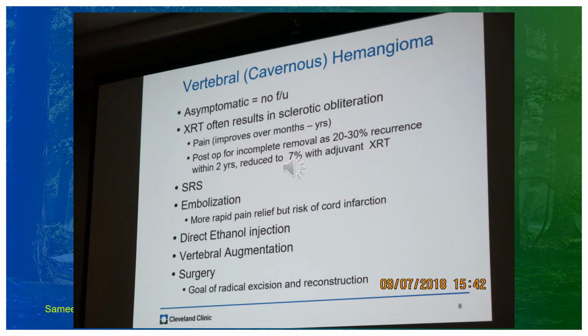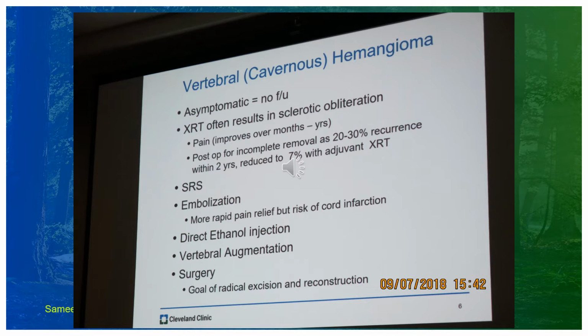A patient with vertebral hemangioma, if he is asymptomatic, needs no treatment, just follow up. X-ray therapy or deep X-ray therapy often results in sclerotic obliteration of the hemangioma if it is symptomatic. For example, a patient presents with pain. Pain improves over months or years with deep X-ray therapy.